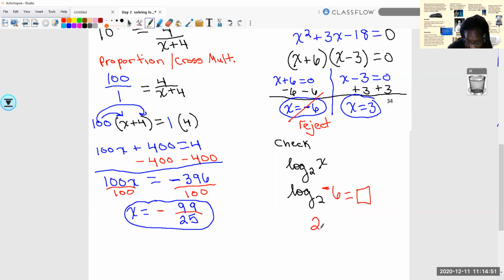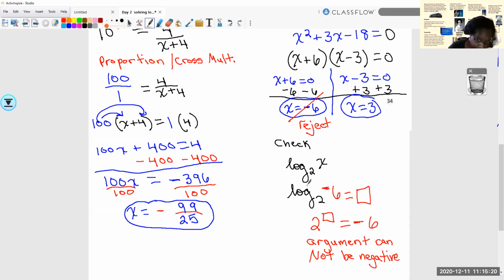So it's 2 to some power equals negative 6, and this cannot be, because the output must be positive. Again, you can't have a negative argument, which is your x. It's easy to see in the exponential model.